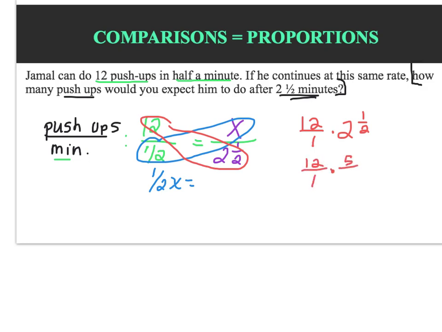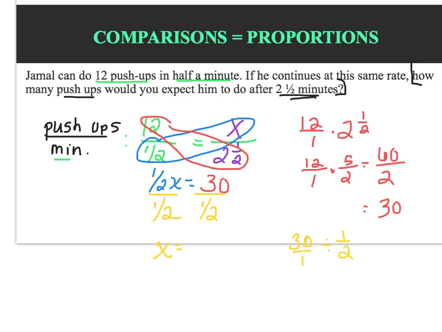Convert to an improper fraction. Multiply straight across. So after I cross multiply 12 times 2.5, I get 30. Next, I'm going to divide both sides by 1/2, the number with my variable. Need to come over to the side again. 30 over 1 divided by 1/2.